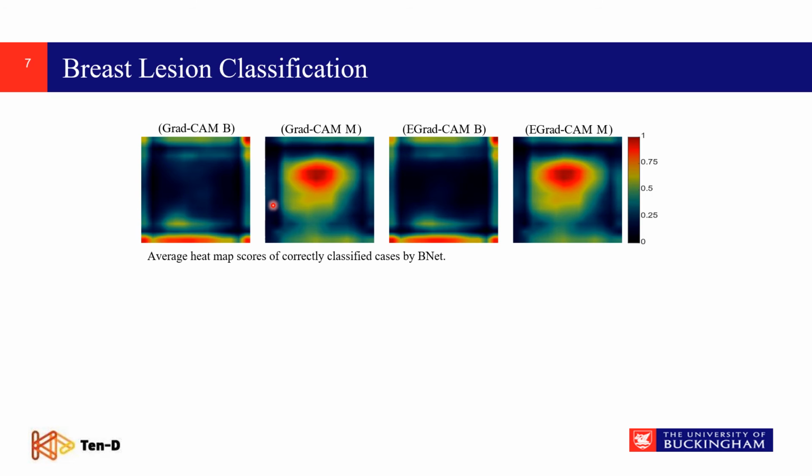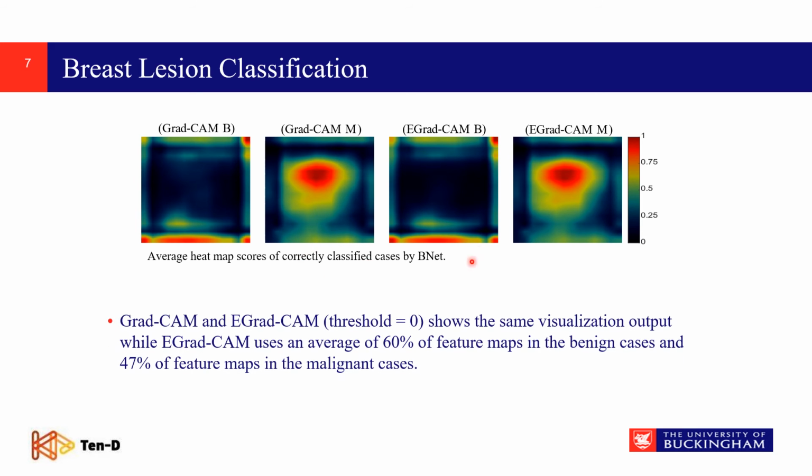The lesion boundary texture of benign is more contributed to the final decision of BNet, while in malignant cases, the middle texture appears to play an important role in the classification decision of BNet. And also when we compare BNet eGradCam and GradCam method, we can see the same visualization output, while eGradCam uses an average of 60% of feature maps in benign and 47% of feature maps in malignant cases.